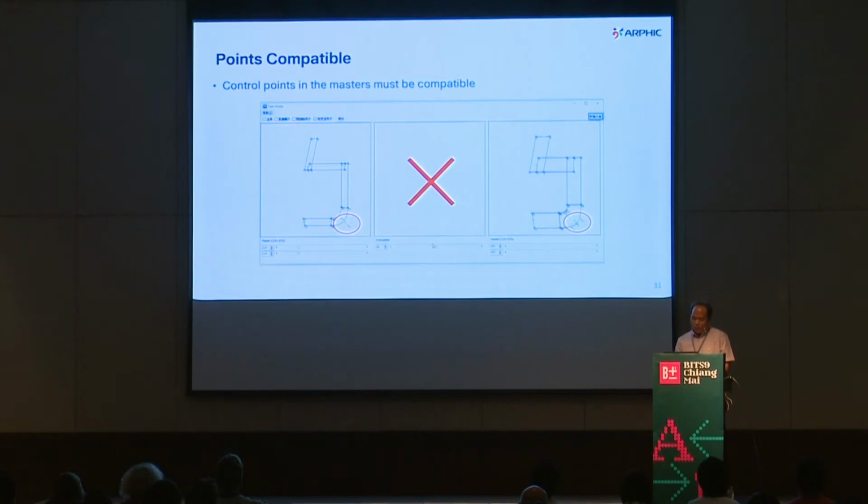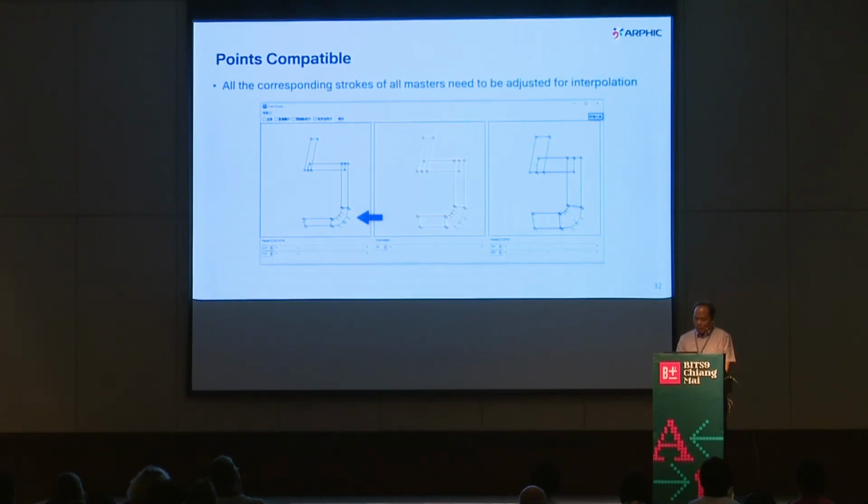FontMaker shows failure of interpolation because the curves marked in the red circle need to be fixed. After we modify the deep part by using two quadratic Bezier curves, the two strokes are compatible.